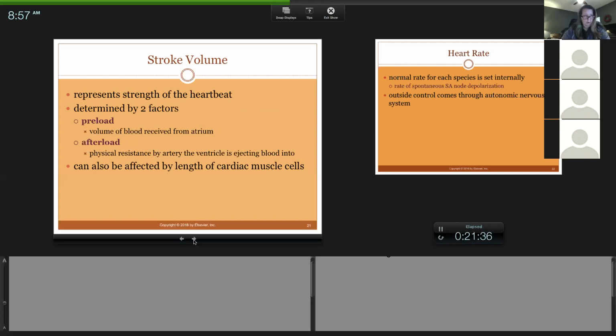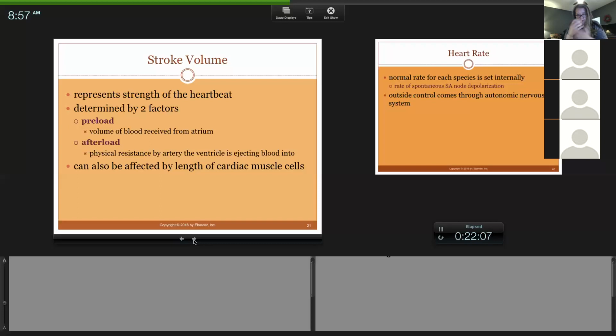Do you remember, and go back to what Tia said, when I asked a question, I said, if you have a very fast heart rate, what does that do to filling time of the heart? It decreases it. So let's look at how that affects preload. If my heart is beating super fast and it doesn't spend enough time in relaxation, which is diastole, that is going to decrease my preload. So think about the ventricle.